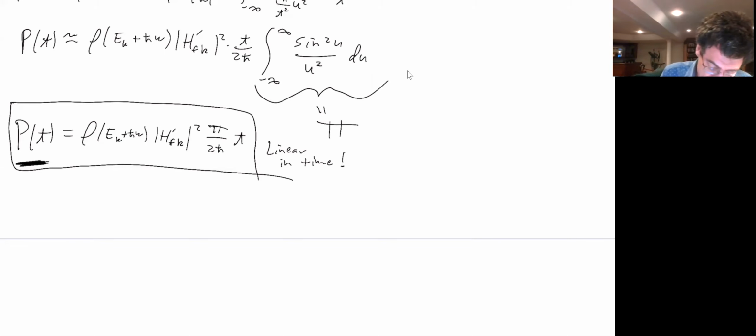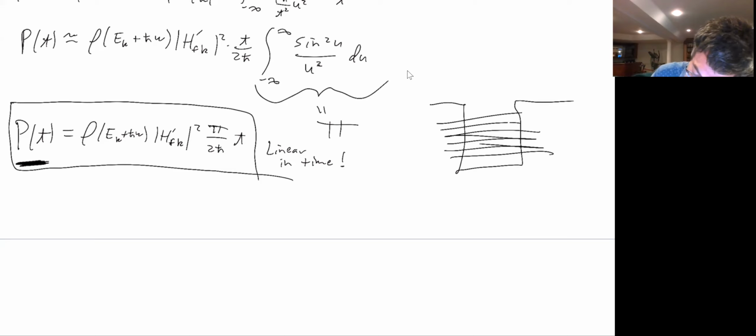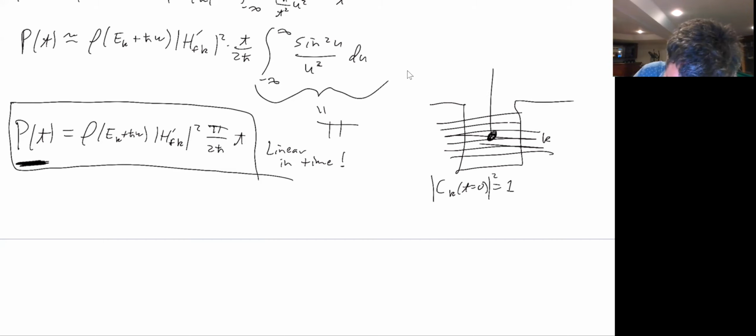And so what it means is that you have to remember what the situation is. We start with all of our amplitude, all of our green goo, all there in the state K. And so initially, Ck of t equals 0 is 1. The probability to be in that state is 1. And what we're doing is we're asking ourselves, what's the probability to go out here, some energy h bar omega above?